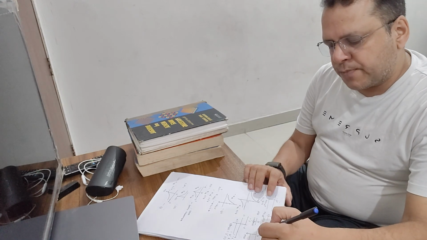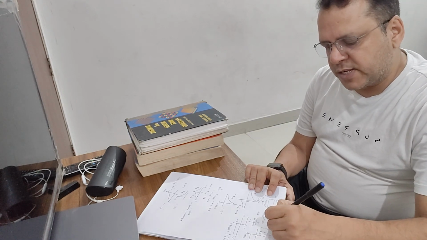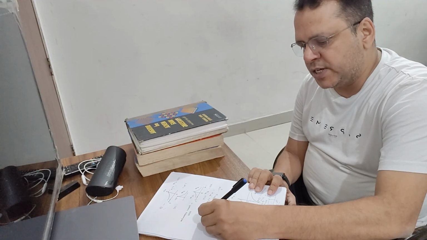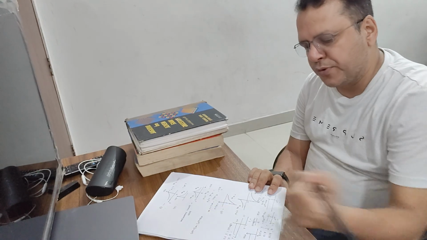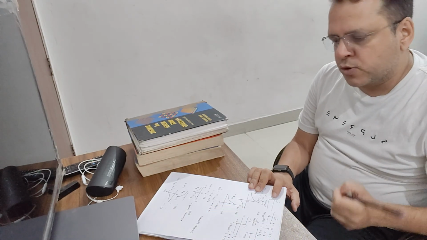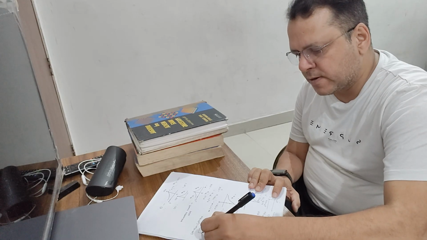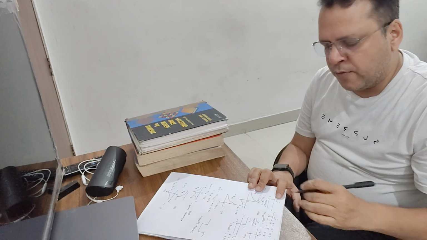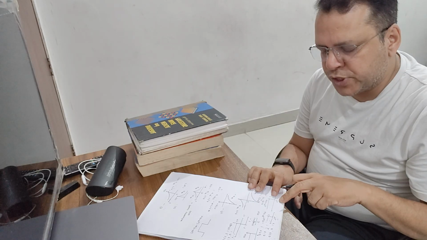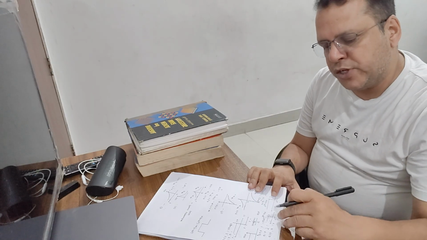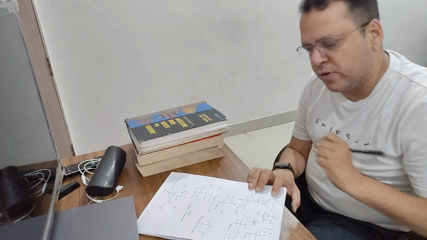And now you subtract this signal from this one, that is u of t plus tau by 2 minus u of t minus tau by 2. So you get a pulse like this. For t less than minus tau by 2, this is 0, and this is also 0.